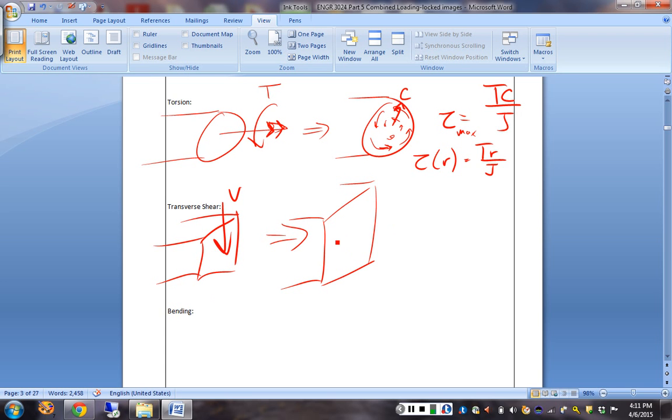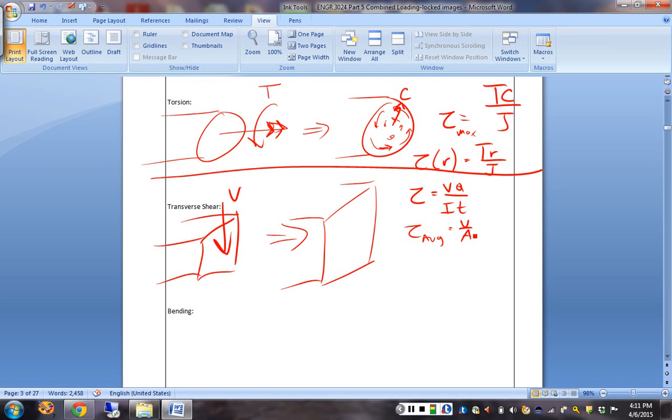How do I calculate that one? Can be, but not always. It's the specific one for any general location is VQ over IT. If I want an average value, you can do V over A.